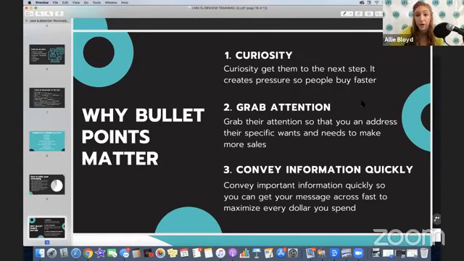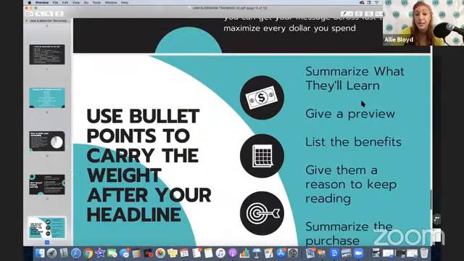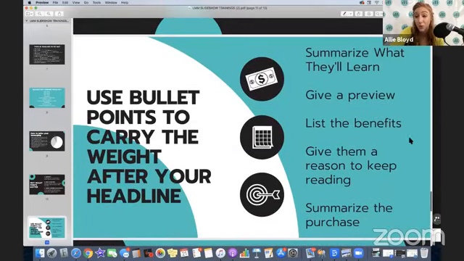And bullet points are a great way to do that. These are a few ways that you can use bullet points right after a headline. Summarize what someone's going to learn, give them those benefits, give them a reason to keep reading, and potentially summarize the purchase. So think about articles that you read in news sources.